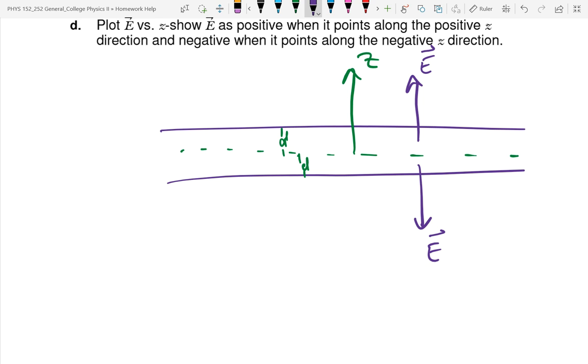So the electric field is 0 there, so you could choose a shape that has one edge here, or you could choose a shape that's symmetrical with one edge here and one edge here, both the same distance from the center. Either one works. It's completely up to you.